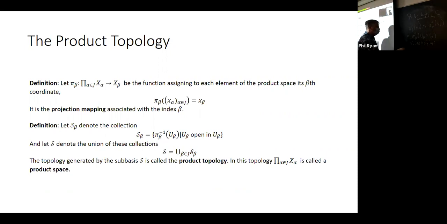This would be U alpha cross U beta cross, well, I did this wrong, right? Because I'm giving them the first places in the set. So this would be true if this is a 1.